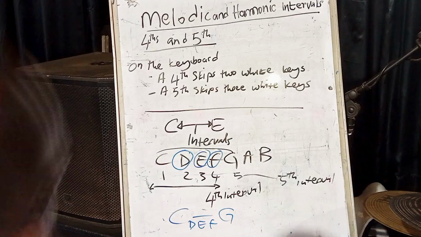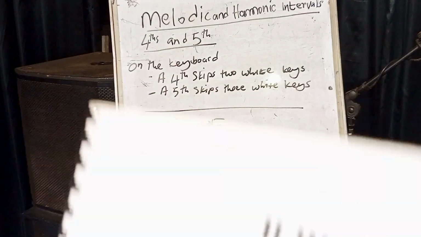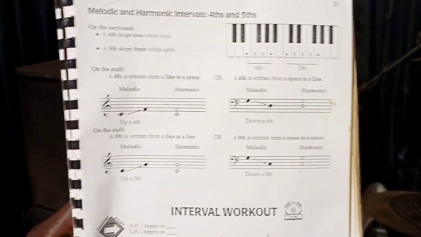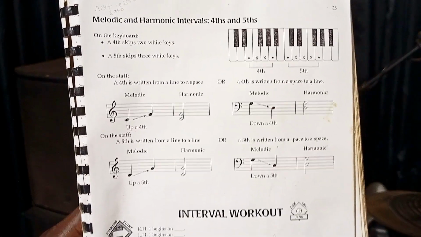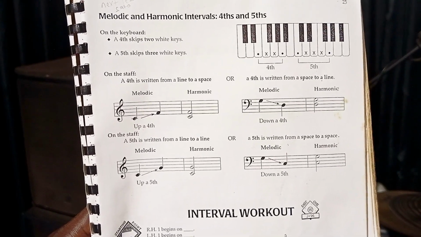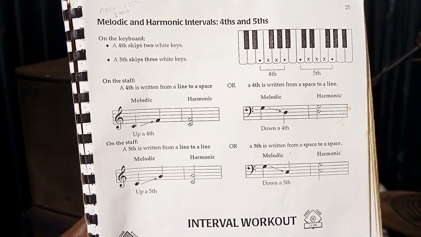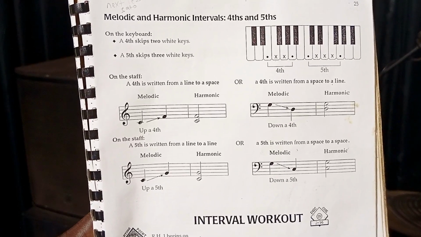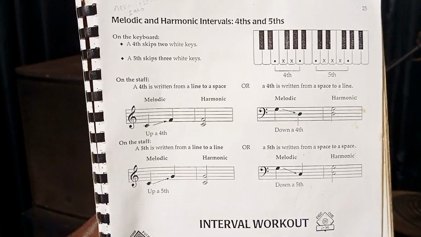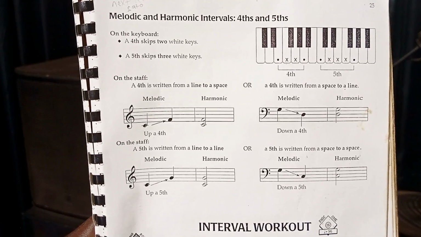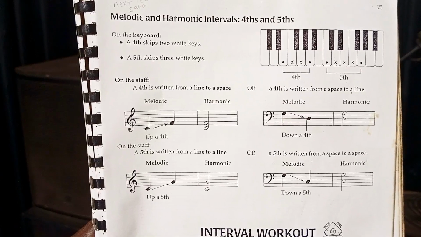Here in my notes, we are saying melodic and harmonic intervals, fourth and fifth. On the keyboard, a fourth skips 2 white keys, a fifth skips 3 white keys.